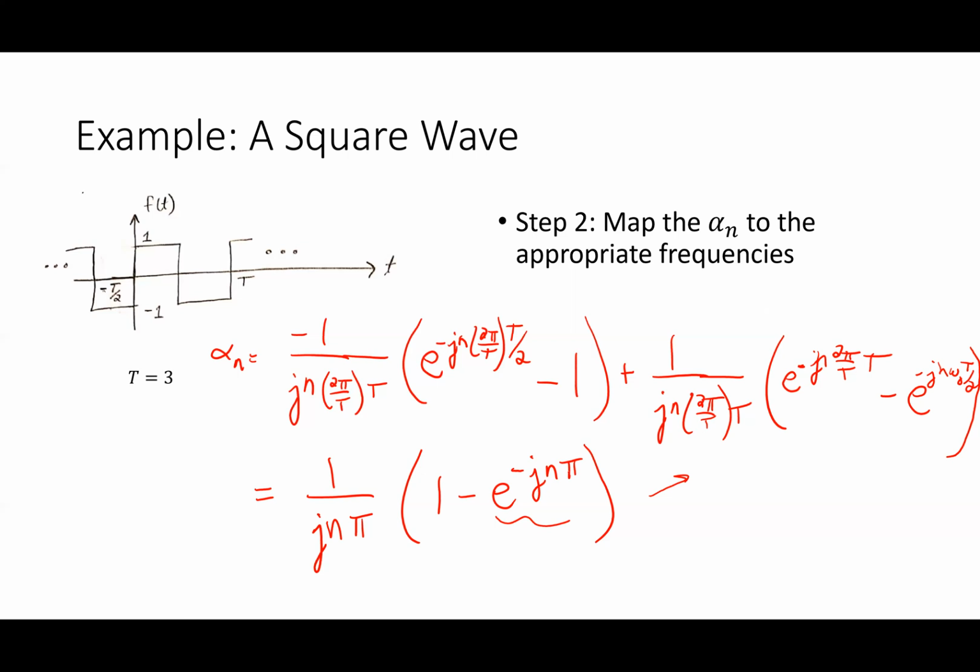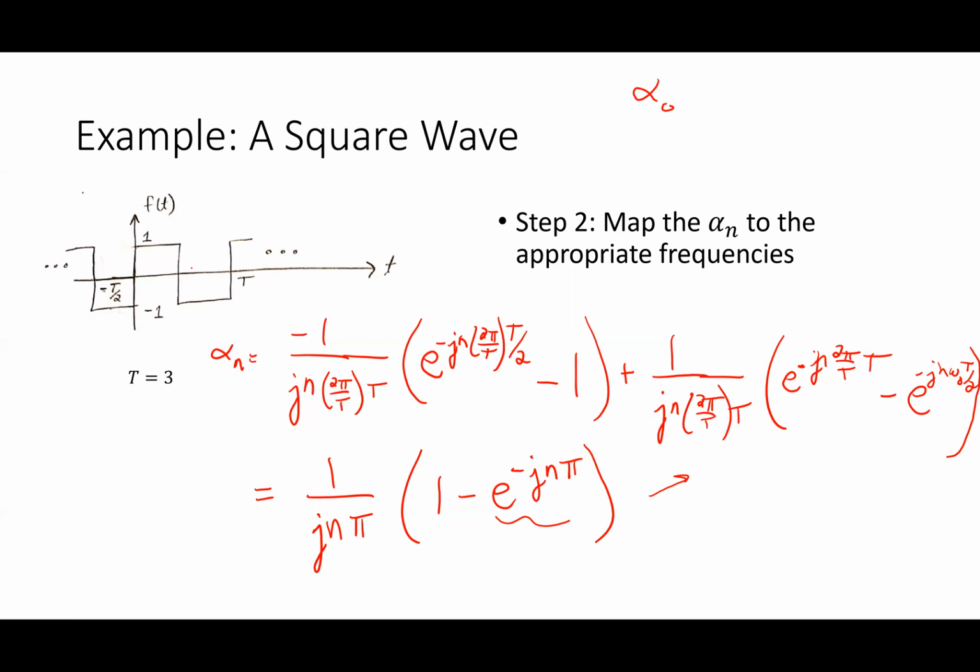If I plug in n equal to 0, this guy would become 1. So 1 minus 1 is 0. That makes sense because alpha 0 is what term? What frequency? DC. Does this have a DC term? No. This guy doesn't have an average value. His average value is 0. So that's a good thing.